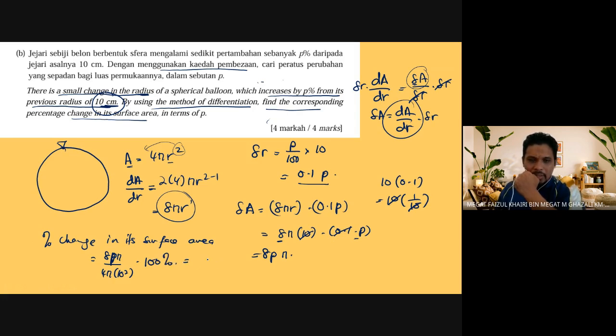Okay, so this is 2p percent. So the value of p is just noted as p in this case.